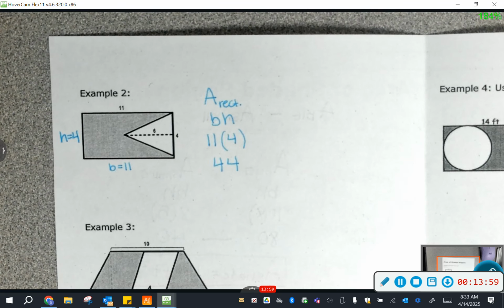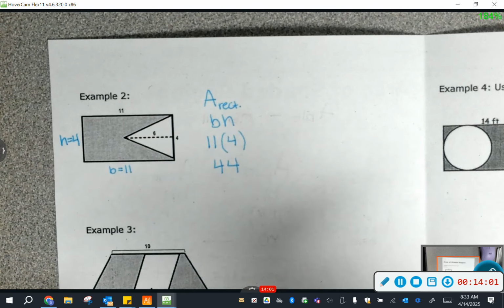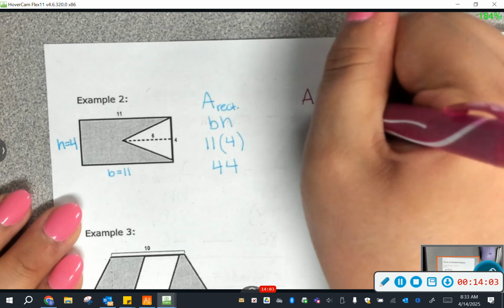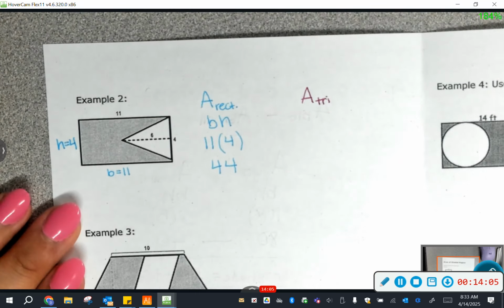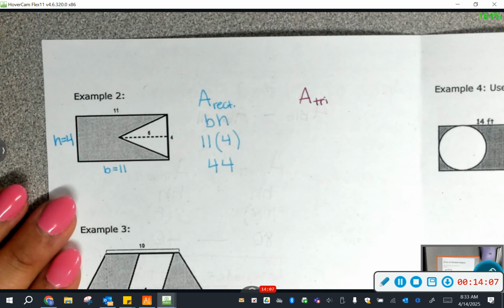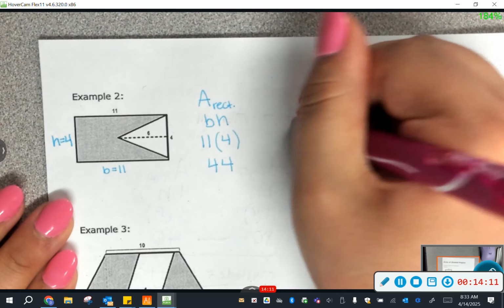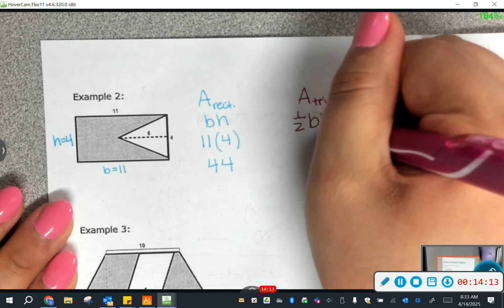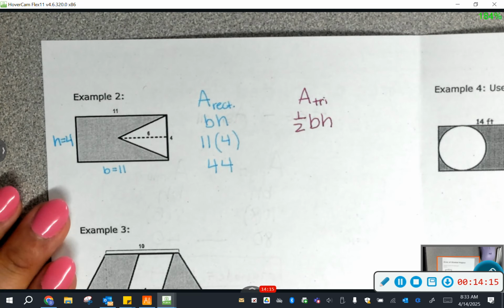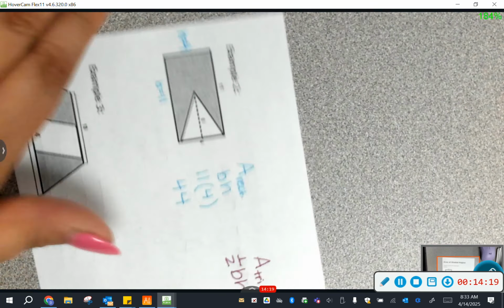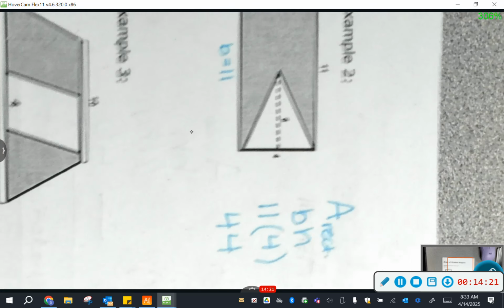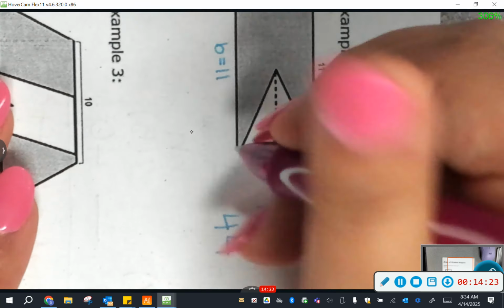We have a triangle. What is the formula for a triangle, though? It is 1/2 times BH. Now, do y'all agree this triangle's sideways? So I'm just going to turn it real quick just to talk about it. What is the base of this triangle? 4.